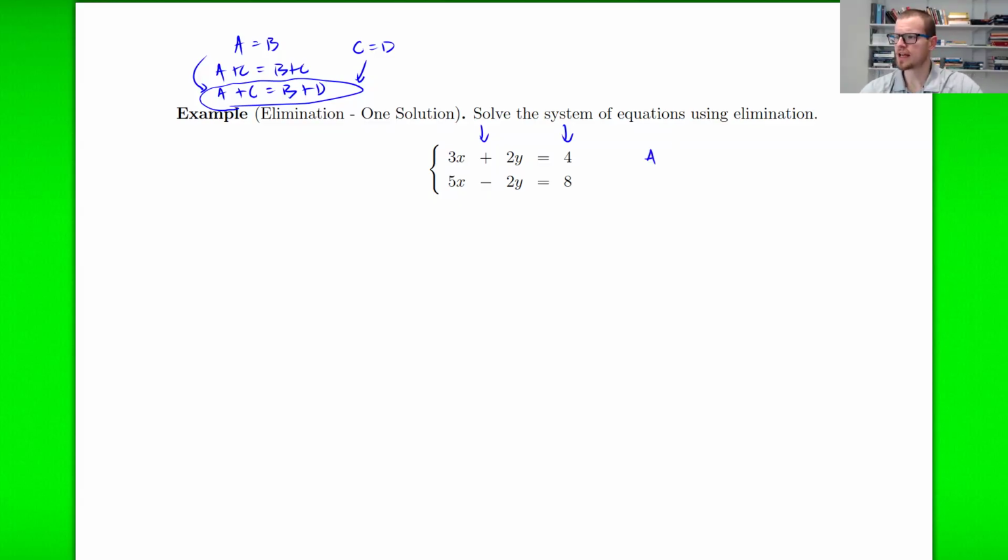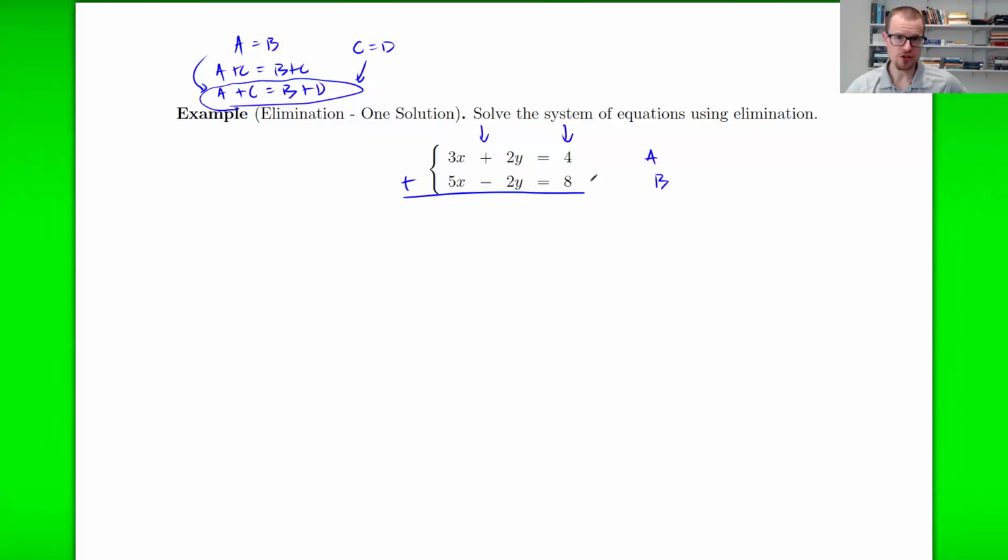I may call this equation A and this equation B. When I add these two equations, let's write it like this.